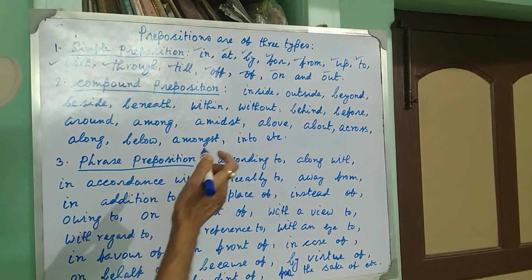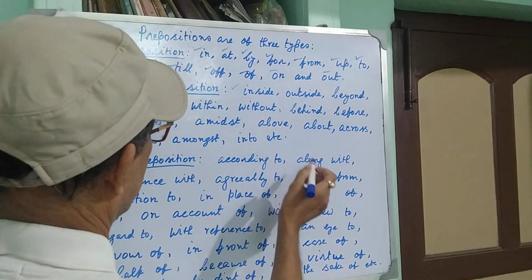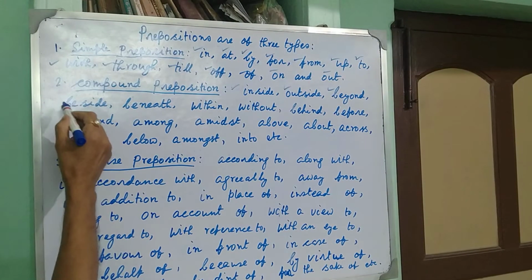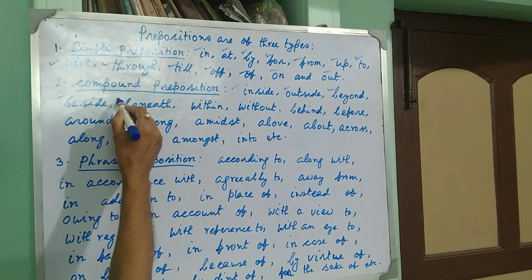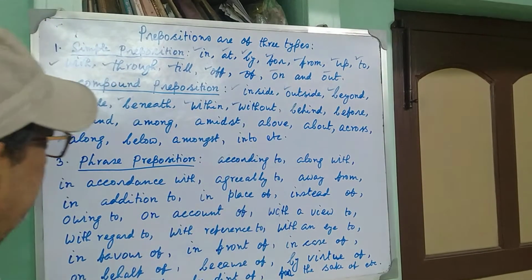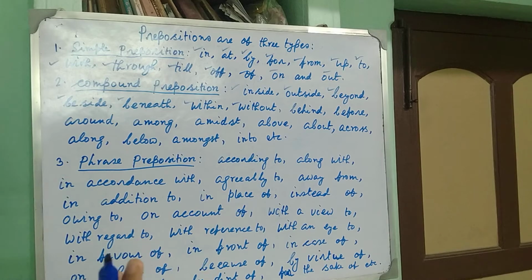Compound prepositions like inside, outside, beyond, beside, beneath, within, without. With is a preposition, out, without.